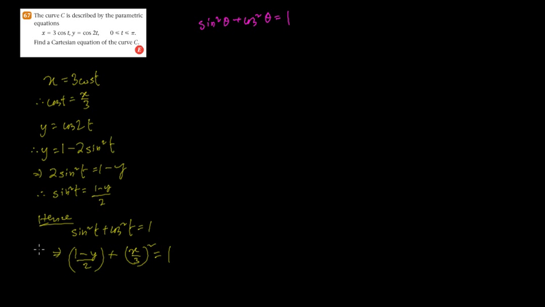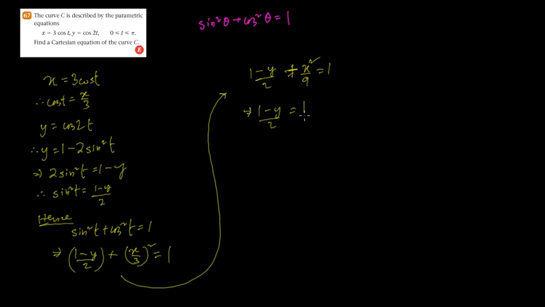This is the Cartesian equation. This can be further simplified and we can have an expression of y in terms of x. So (1 minus y) by 2 plus x squared by 9 equals 1. So we can write (1 minus y) by 2 equals 1 minus x squared by 9.